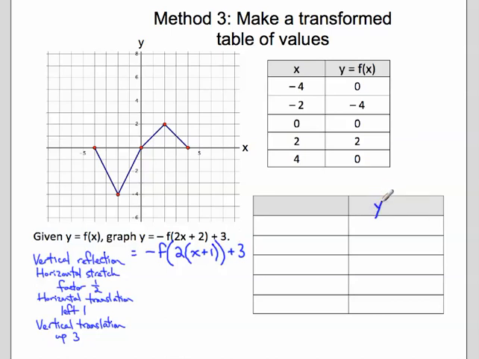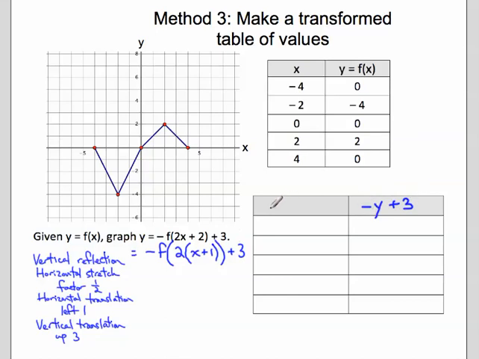The new y value is going to be whatever the old y value is, negated because of this vertical reflection, and then with 3 added to it. So the new y value is the old y value multiplied by -1, and then with 3 added to it. And if you look back to the arrow method, that's exactly what we did to get the new y value.